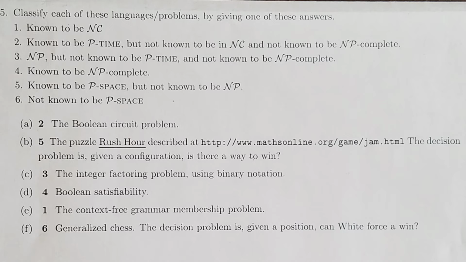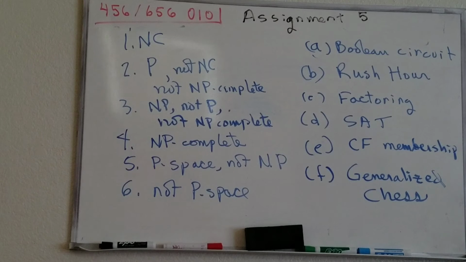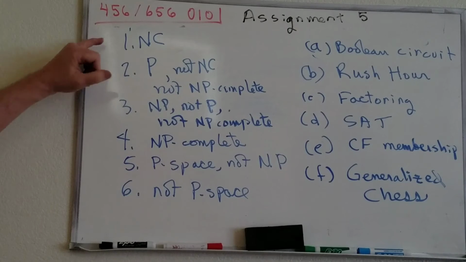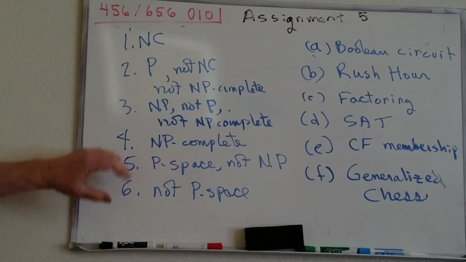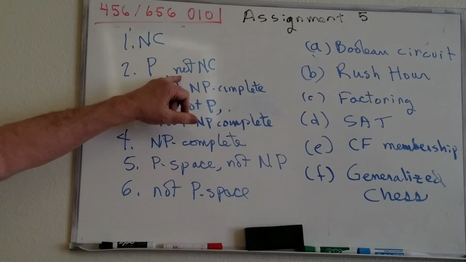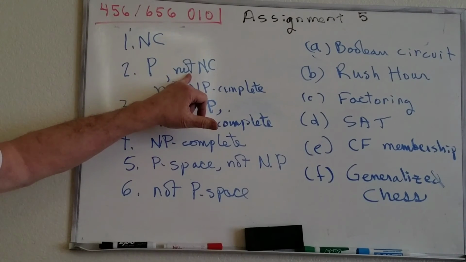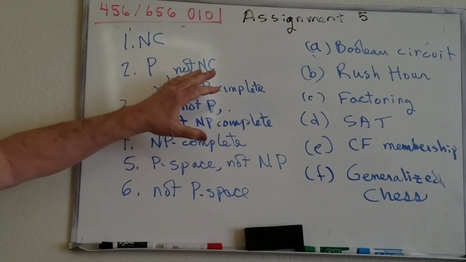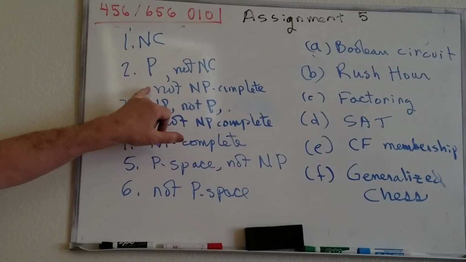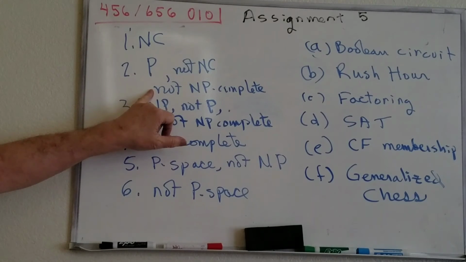All right, now I'm going to explain this. Now we're doing the last problem here. I've given you 6 classes of languages. Category 2 is P but not known to be NC. Of course we don't know if NC equals P, so what I mean here is that we don't know that it's NC, and not known to be NP complete.